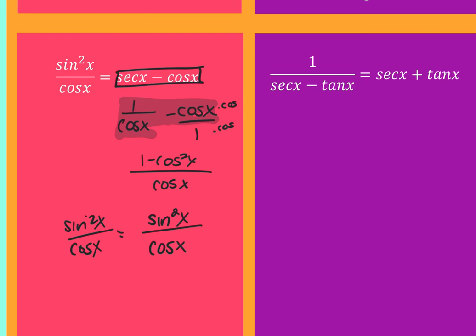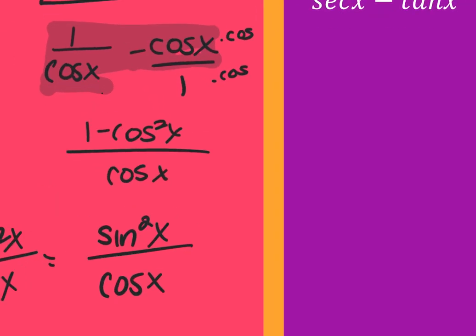You want to combine them. So in order to combine them, you got to give them a least common denominator. You'd multiply the cosine x over 1 by cosine in the top and the bottom. And you'd end up with 1 over cosine x minus cosine squared x over cosine. And then they have the same denominator, so you can combine them, and you'd get the next step.